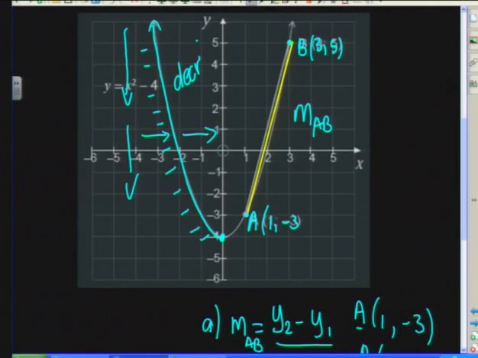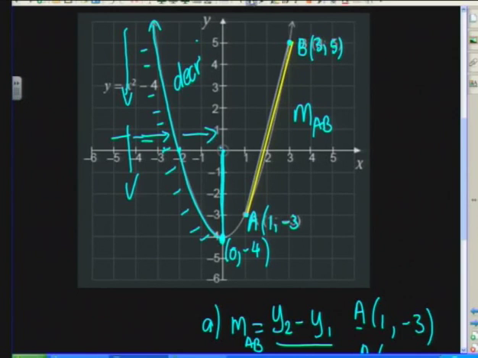But how do we write this out? You can't just say it's a decreasing function. We want to know for what values of x. We see that it happens all the way from all the negative x values all the way up until this turning point. The corresponding x coordinate is 0 at that point. So therefore, we've got a decreasing function all the way up until 0.